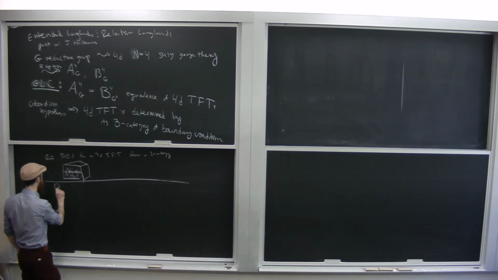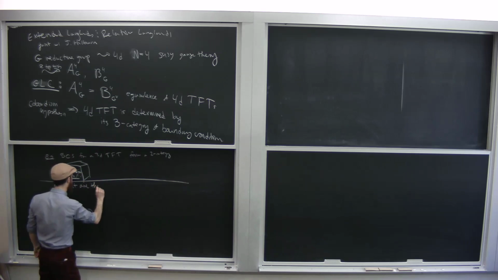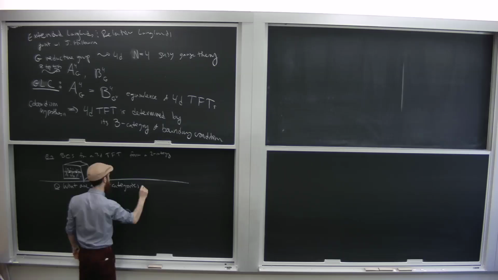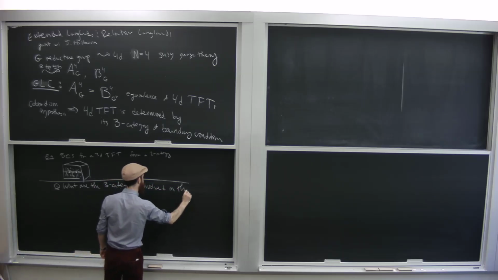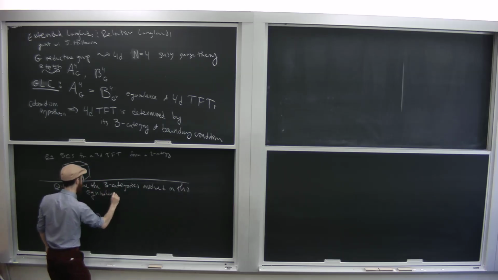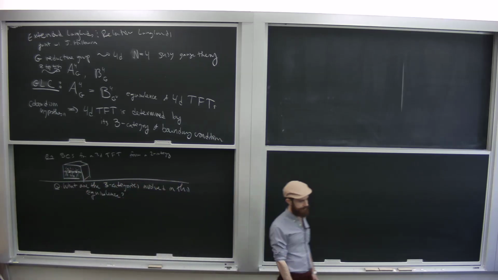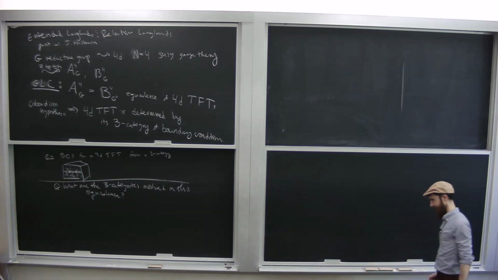So the question is, what are the three-categories involved in this equivalence? If we knew that, then we'd know a lot more than we do right now.